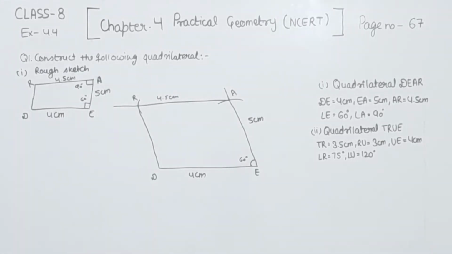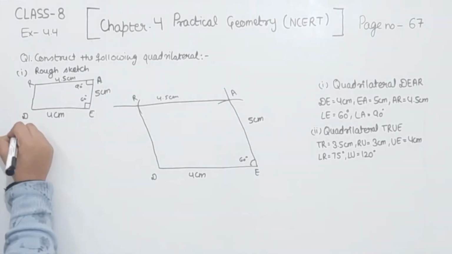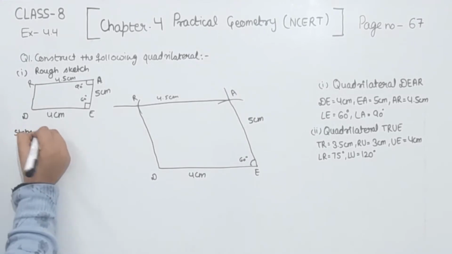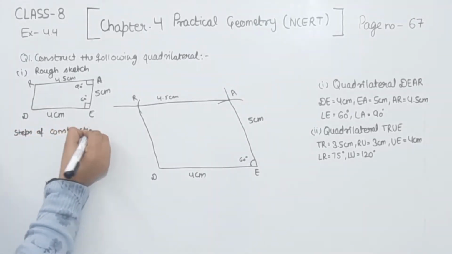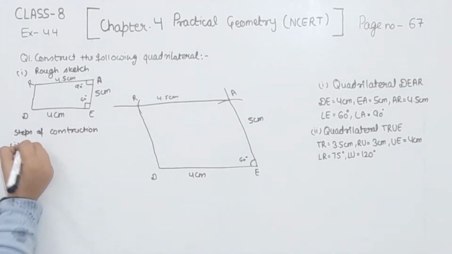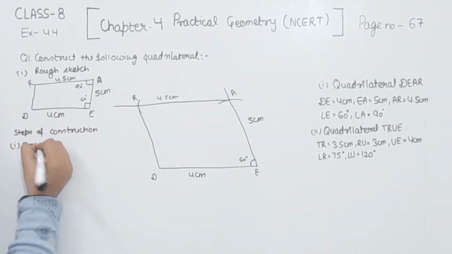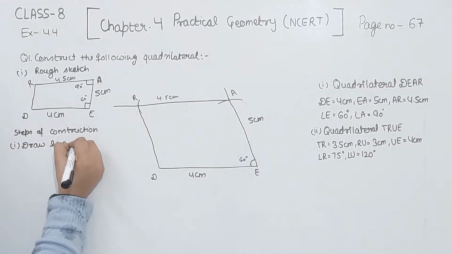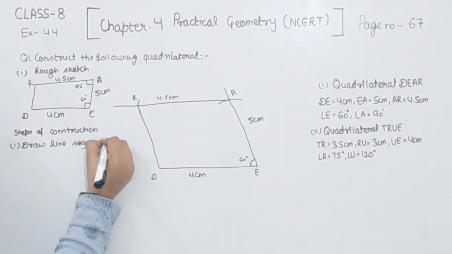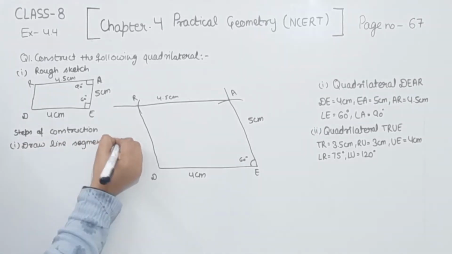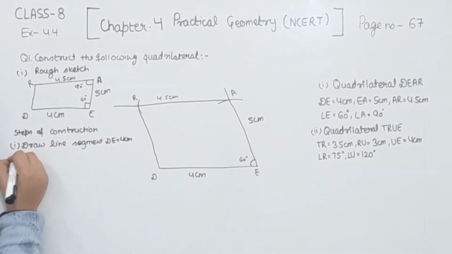Now we are going to write the steps of construction. So I'm going to write here steps of construction. First of all, we are going to draw line segment DE is equal to 4 centimeter.